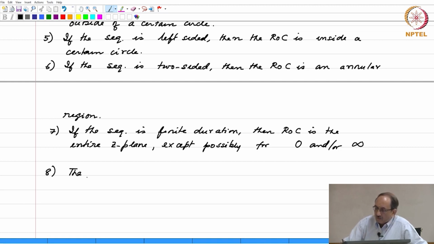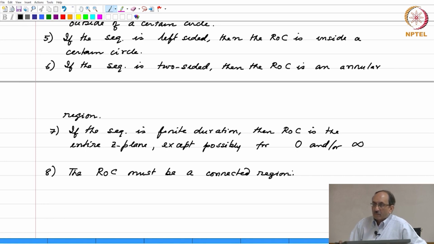And similar to the Laplace transform case, the RoC must be a connected region. That is why if you had R1 larger than R2, then for the right sided part you will have a region outside this radius.